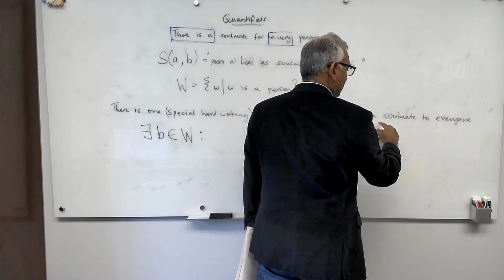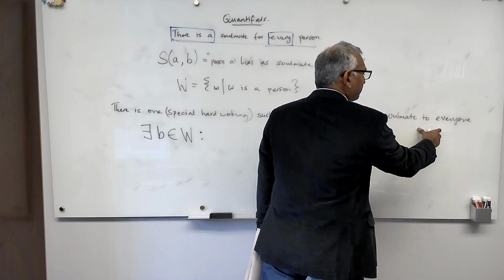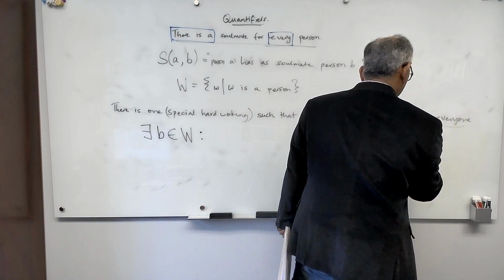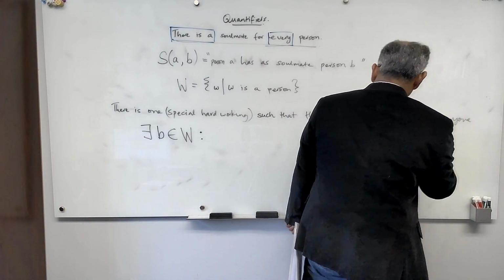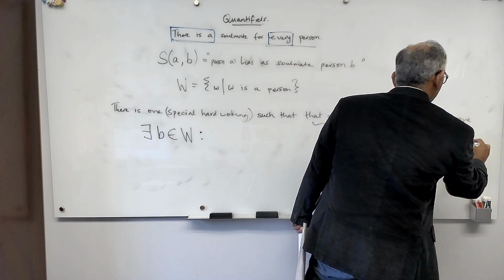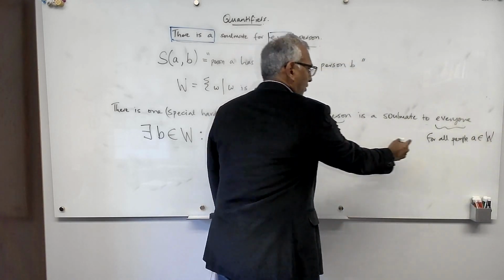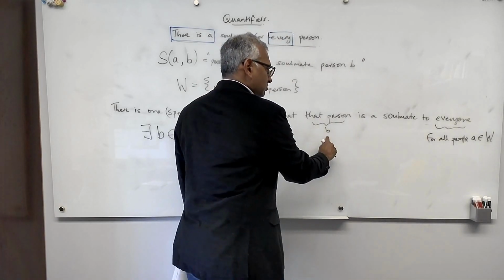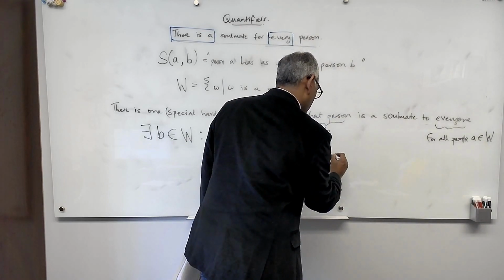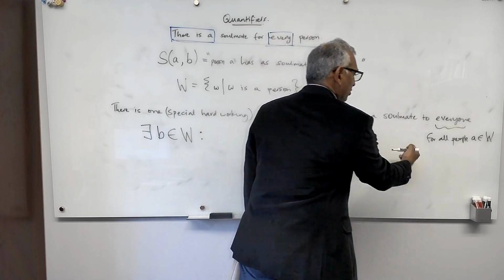That this person B is a soulmate for all people A in the set of people. So for all A in the set of people, it is the case that B is a soulmate to A.